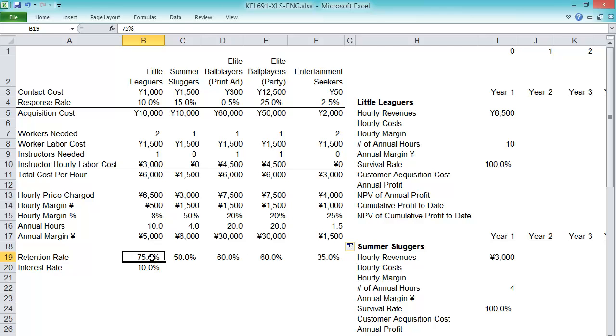That was actually in play there in the case, because sometimes they spoke of attrition, sometimes they spoke of retention. The sum of the two is always 1. And the interest rate we'll be using will be basically our discount rate. So how high is the capital cost for us to be used in this situation?